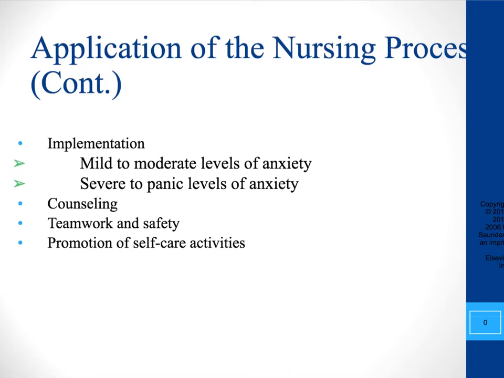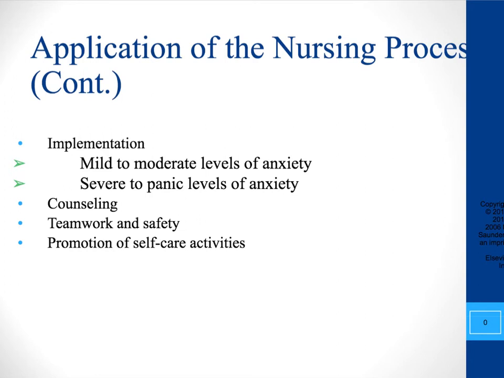We want to do any kind of anxiety relief measures to reduce their anxiety. We want to minimize stimulation, make sure they have a quiet room. We want to provide them with a lot of physical gross motor activities, maybe to help to release some tension, and then they may also have to have medications.